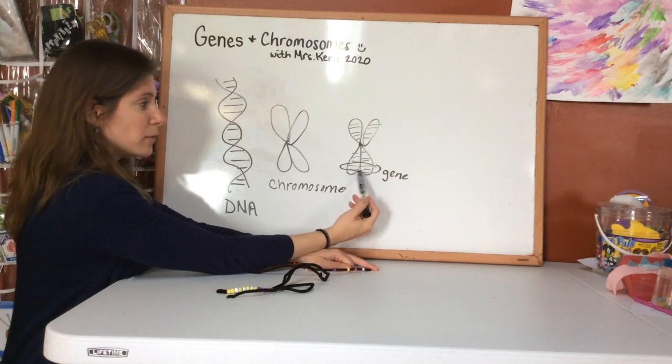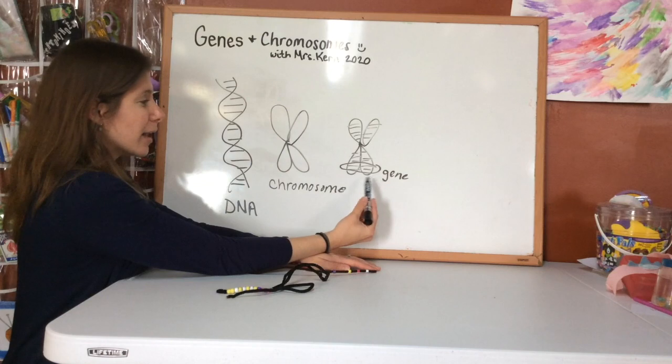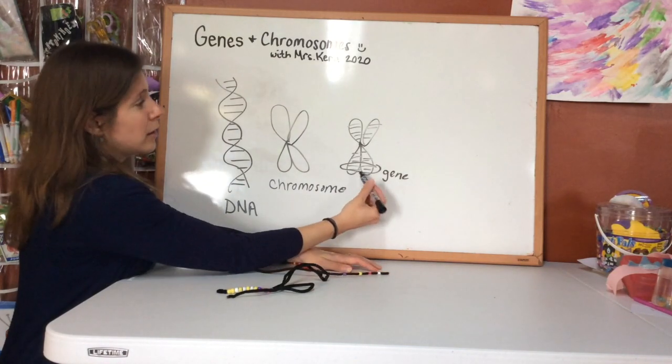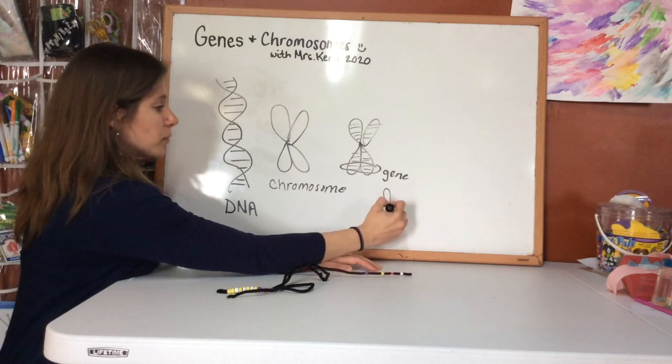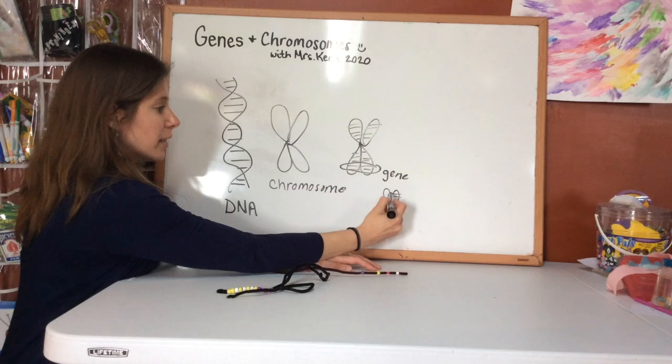Now, sometimes you have genes for a trait. You have genes for traits like hair color and skin color and eye color, and you have more than one version of that gene. So maybe, draw this here, this section right here.